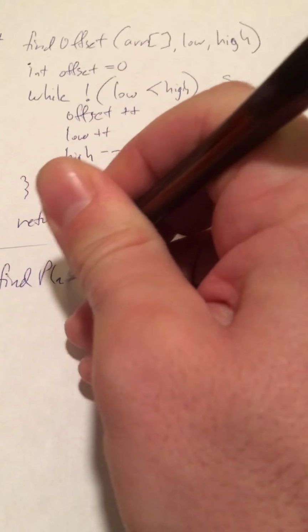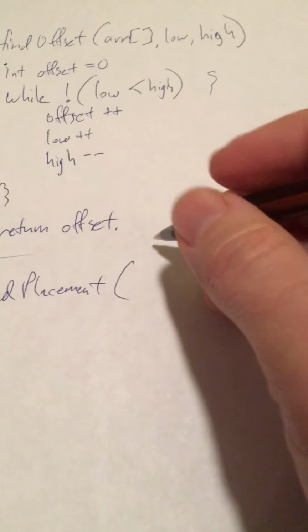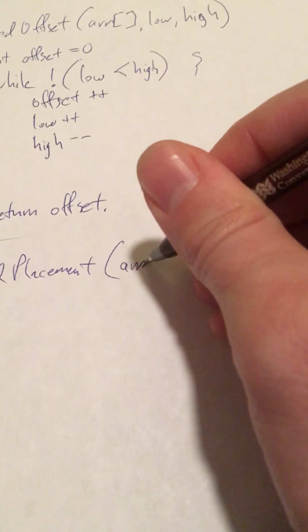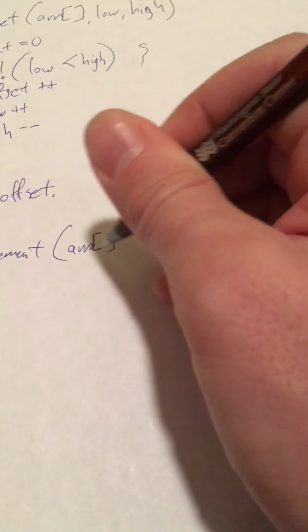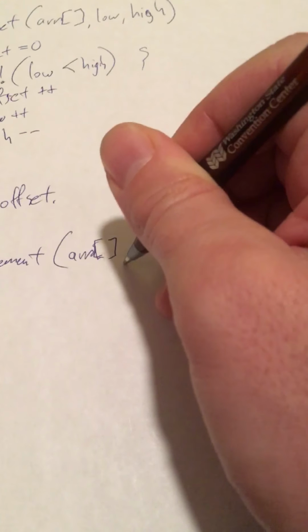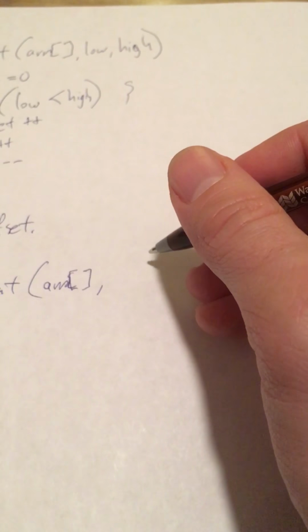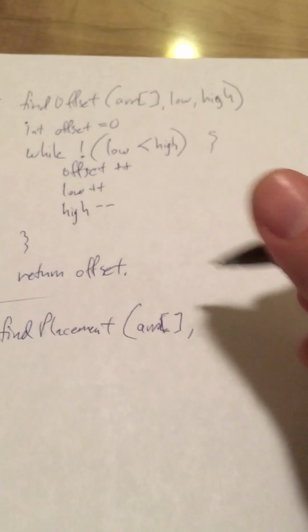Then we need to find the final placement of the array that we requested. We requested an element, an index, assuming it had not been rotated, but it actually has been rotated.